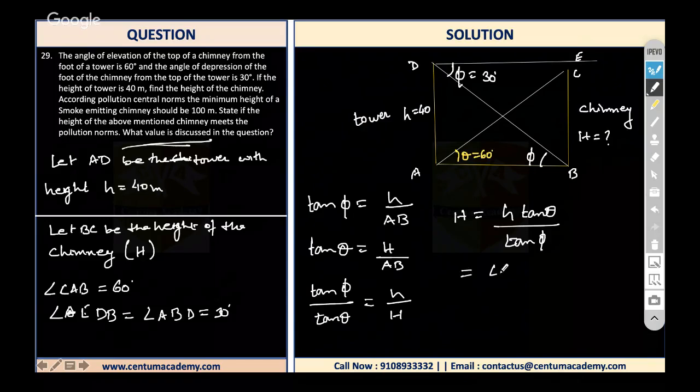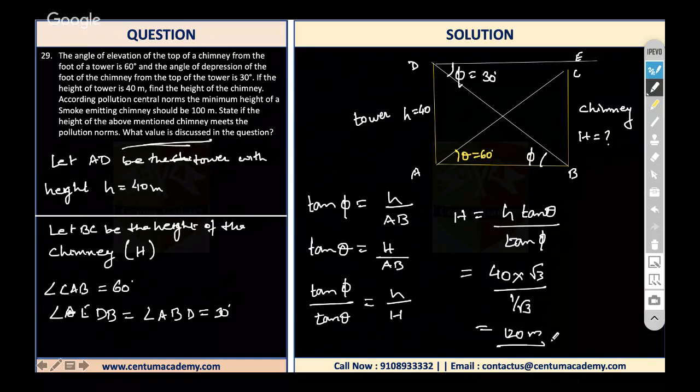Now h was 40. Tan theta was 60, so root 3, divided by 1 by root 3. So it is 120 meters. According to pollution central norms, the minimum height of a smoke emitting chimney is 100 meters. So it is clearly more than 100 meters.